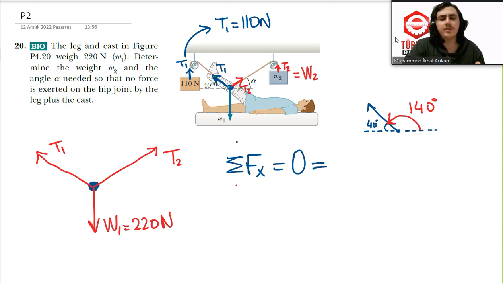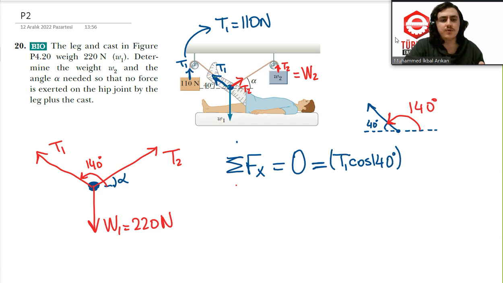So what are the forces which are acting in the x-axis? So you have here alpha, and the other angle which is from here to there is 140. So the first force will be tension 1, but the component in the x-axis, so you will take the cosine.